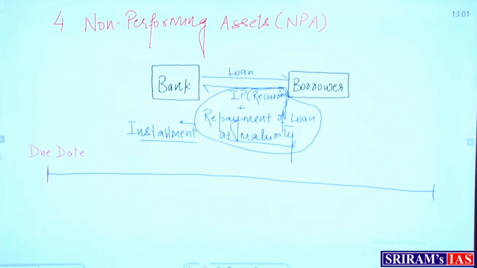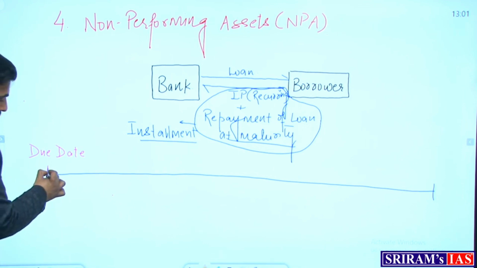Sometimes the due date gets missed. So what happens then?